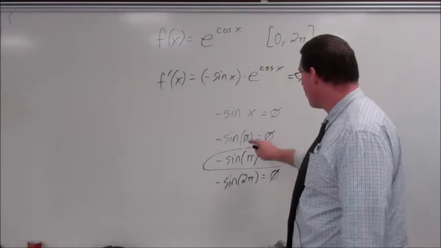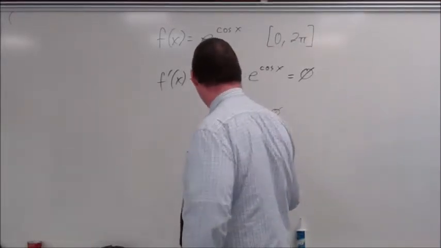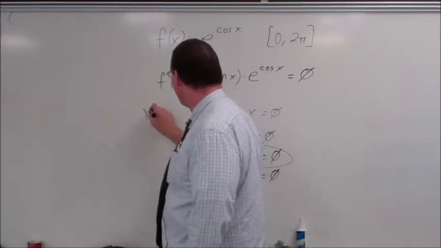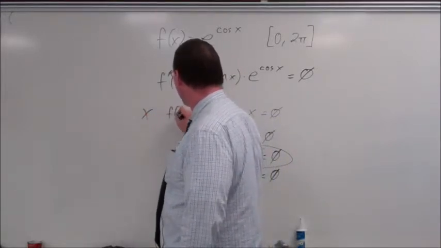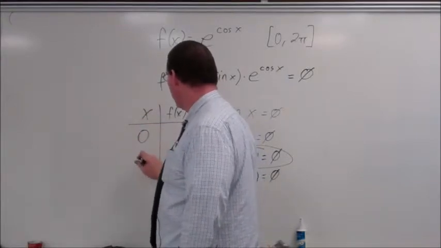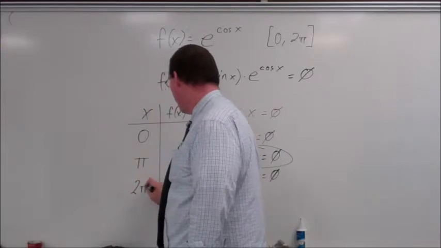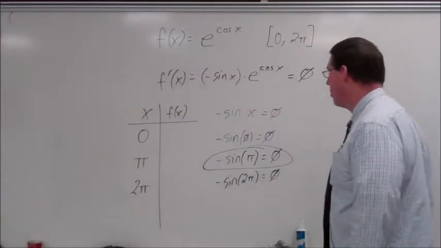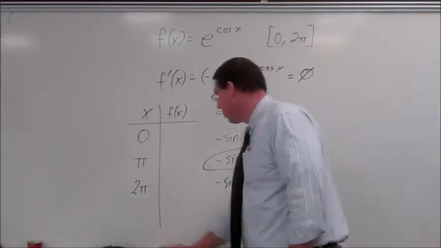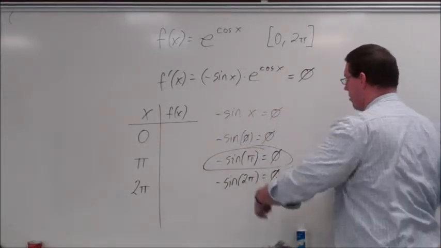The fact of the matter is we have 3 candidates to check, 3 candidates where we're going to have zeros. So now, if we have x and f of x, we're going to test 0, we're going to test pi, and we're going to test 2 pi. These are all the places where we could potentially have an absolute maximum or an absolute minimum. I'm going to erase this right here because I need room next to that.